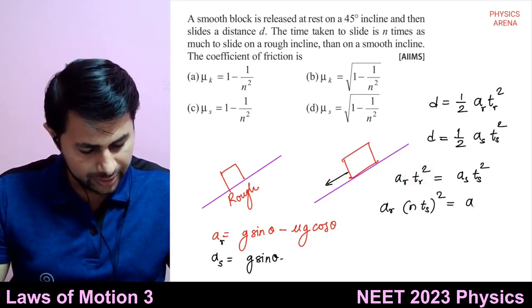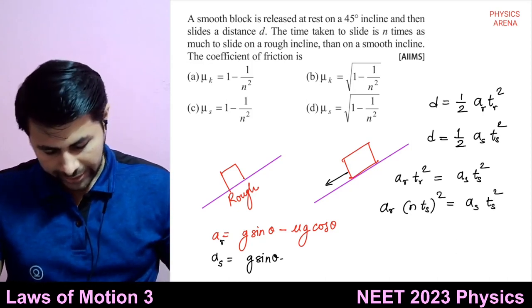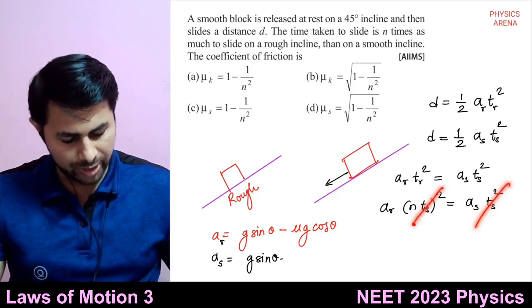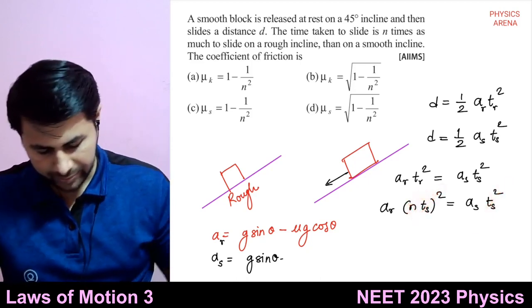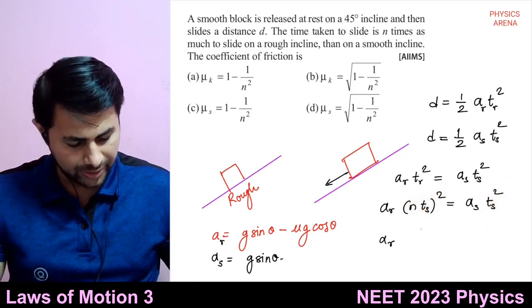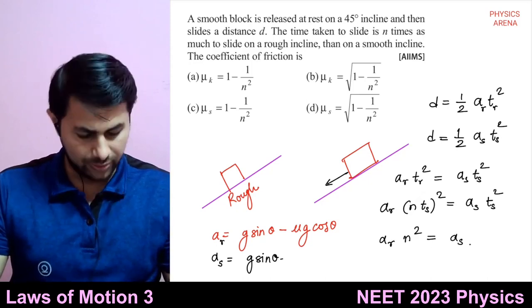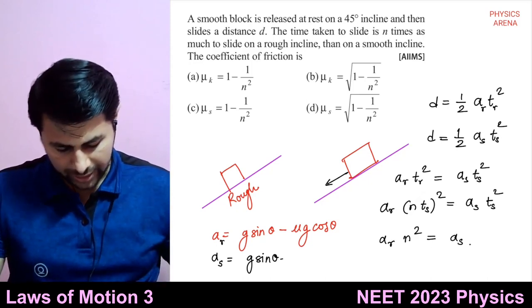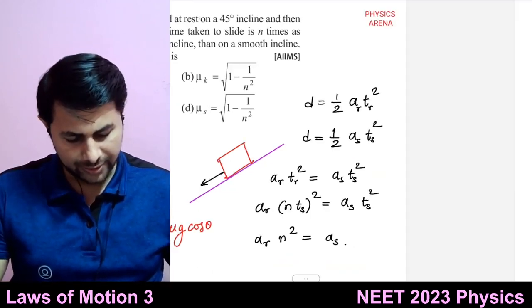So this square is equal to AS multiplied by TS square. We can cancel out the time on the smooth incline square on both sides. So here it will be n square. So acceleration on rough surface multiplied by n square is equal to acceleration on smooth surface. Okay, so this is what we got, and there we will put the values of acceleration AR and AS.